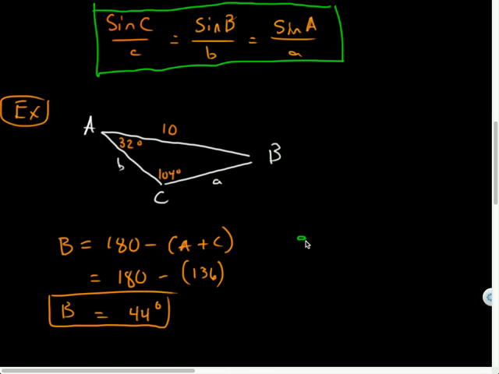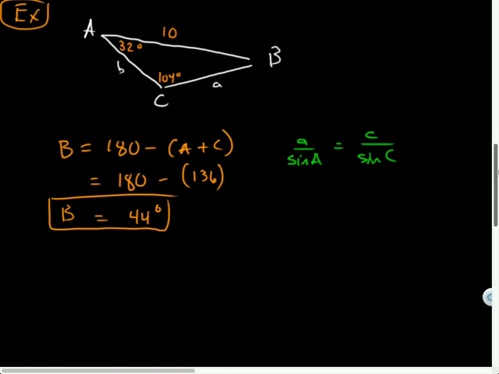I'm going to plug in a over sine A is going to equal c over sine C. That's what I'm going to plug it in for and solve. I'm comparing these two and these two. I'm looking for one of those. So little a is still unknown to us over sine of 32 is going to equal 10 over sine of 104.